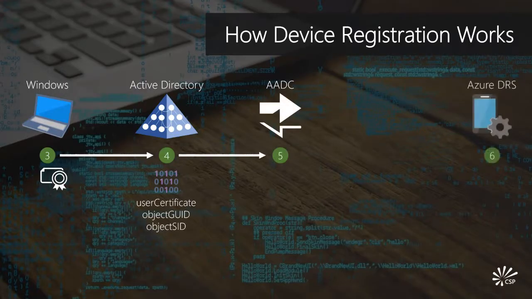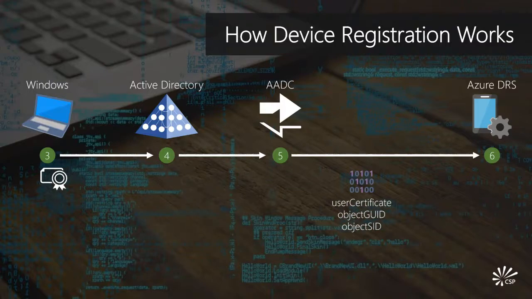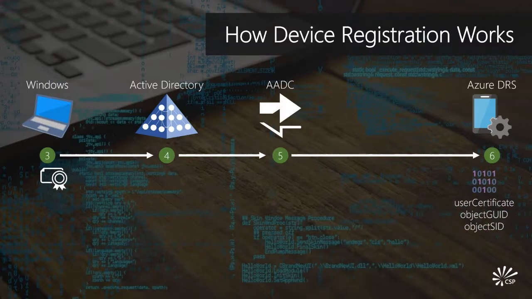After this happens, we need to wait for Azure AD Connect to synchronize the change for the device object from the on-prem AD up to the Azure Device Registration Service, or Azure DRS. If this is the first time the device is being synchronized, like an out-of-box setup where it's not an existing device, there are some other key attributes that get sent up as well, including the object GUID and the object SID.